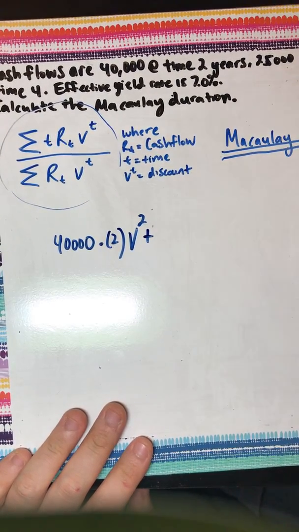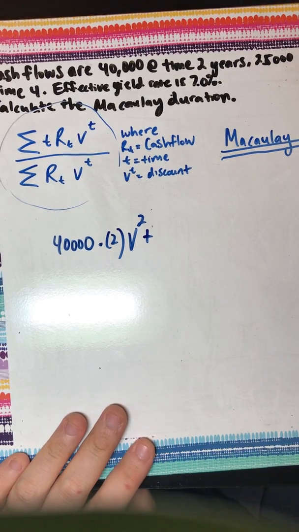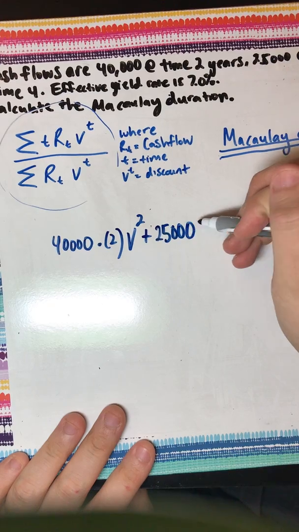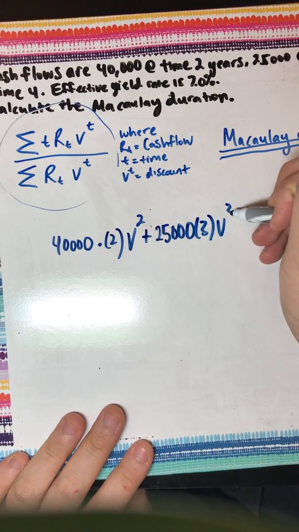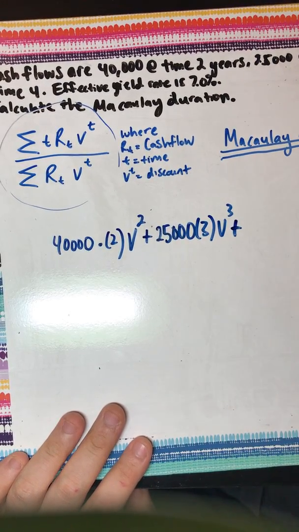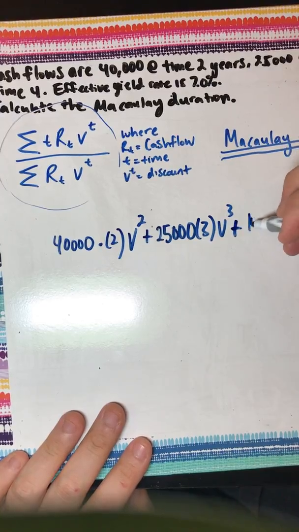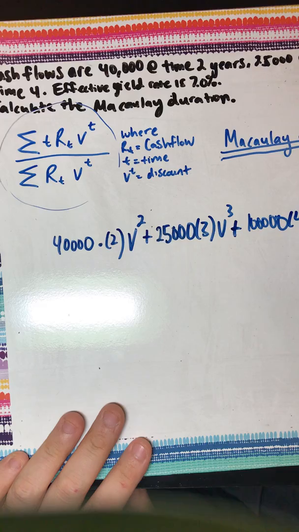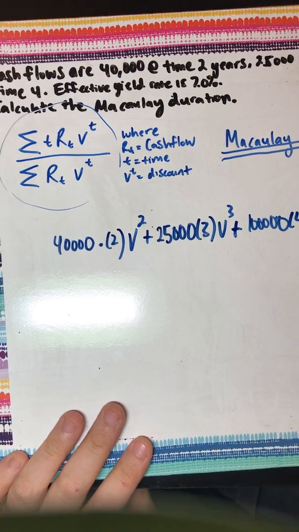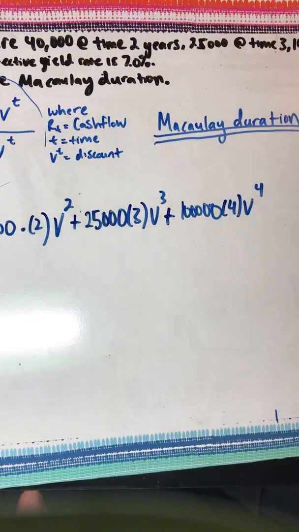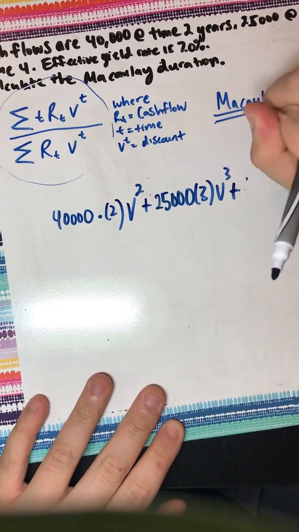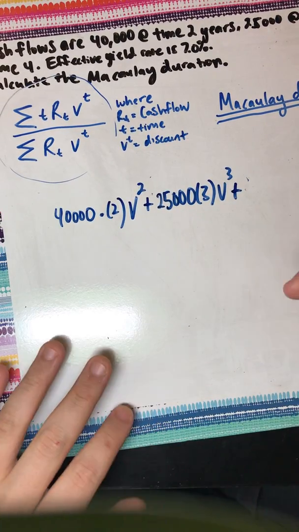Plus, we have 25,000 cash flow at time 3, so that's 3 times v^3, plus 100,000 at time 4, so times 4, v^4. Here, let me move this over to the left side for you guys to see.